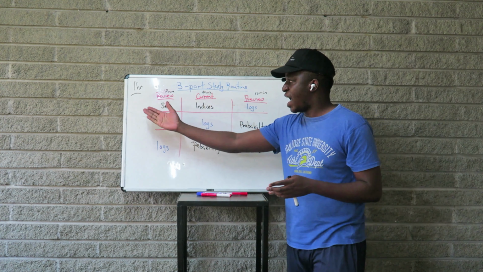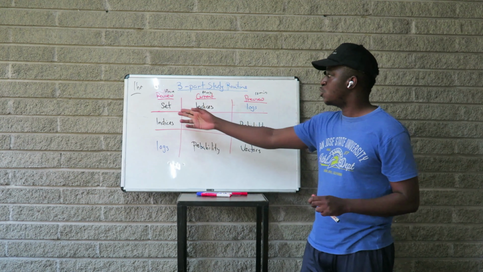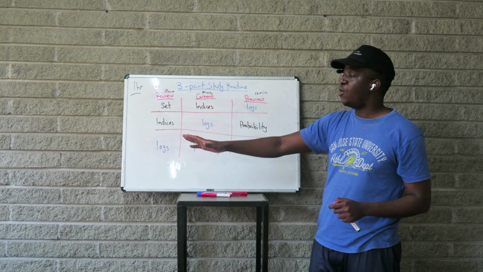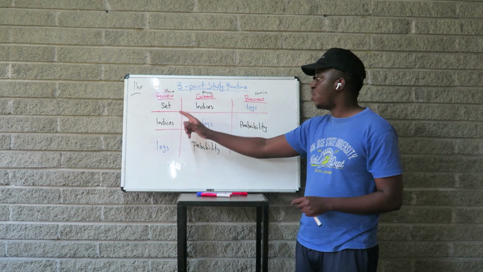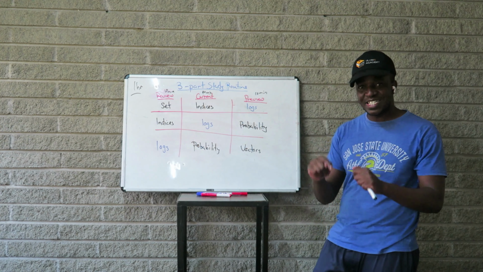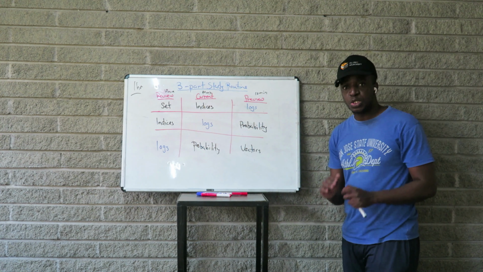So this guy probably studied sets yesterday, so he's looking at what sets are. He just dedicates 10 minutes to that. And then now the 10 minutes are up, he has to move on. He moves on to indices. Indices is what he is currently studying today. He dedicates 40 minutes on indices.